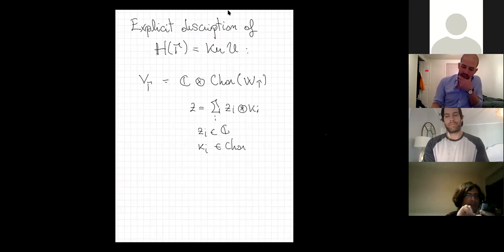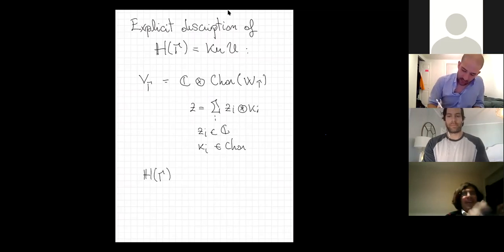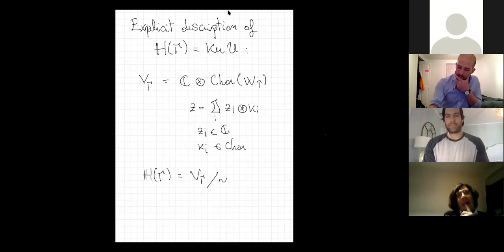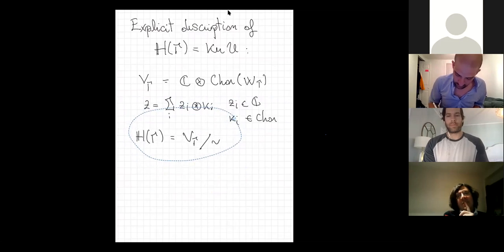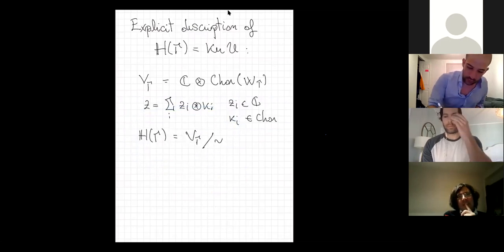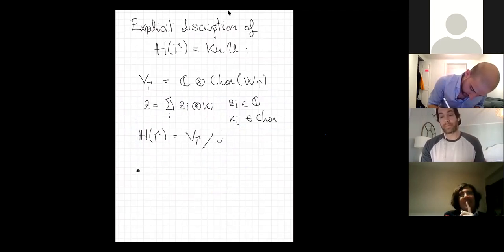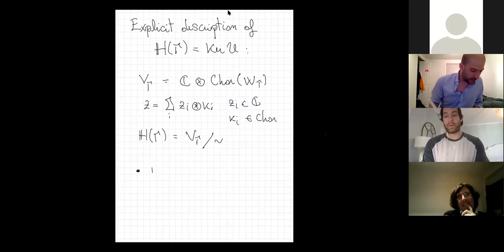And so it turns out that H gamma is equal to V gamma quotient by the following relations. There are two types of relations. The first one: characteristic vectors can be evaluated over the vertices.